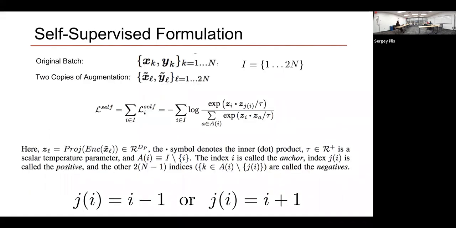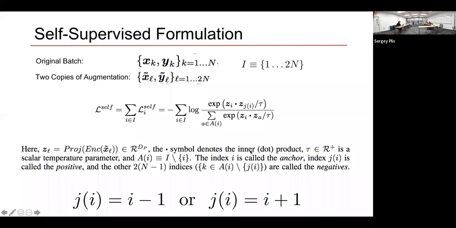Yes. First of all, we have original base of N samples. They created 2 copies of augmentation. So we have now only 2N samples. None of them is original. All of them are augmented samples. So what they did is they pick one sample.